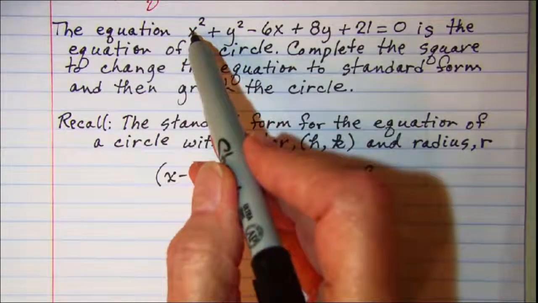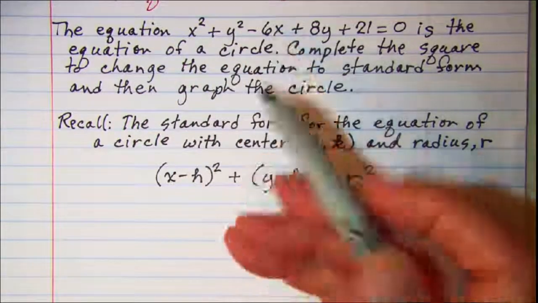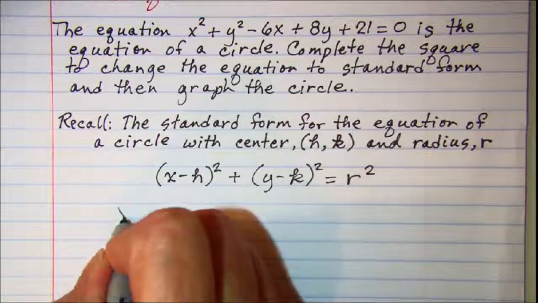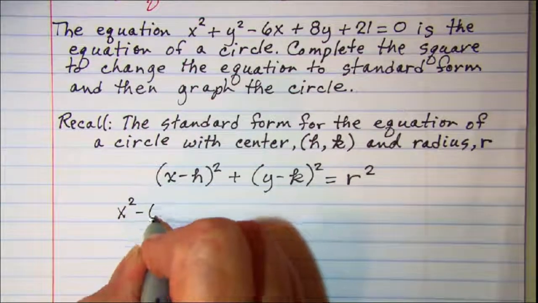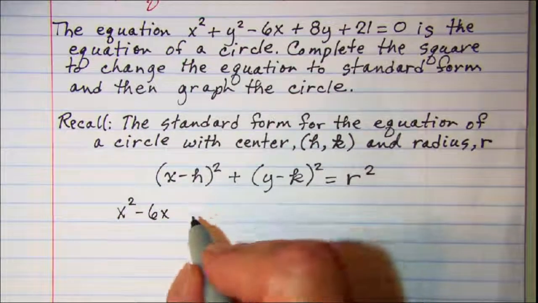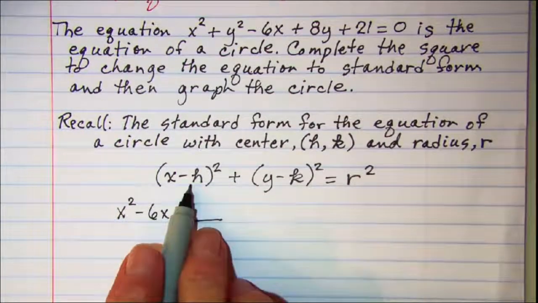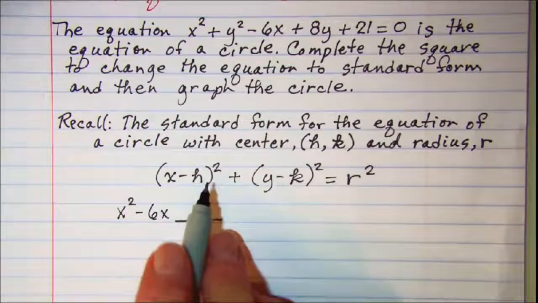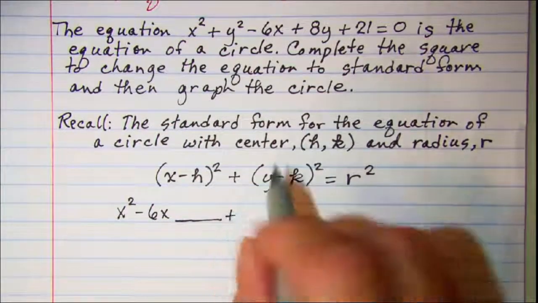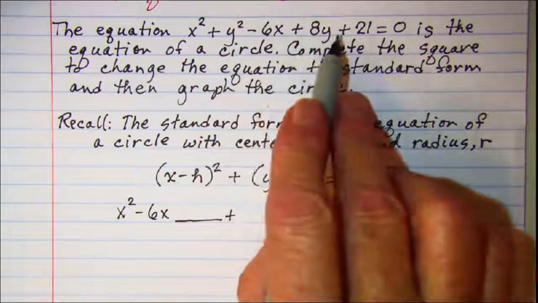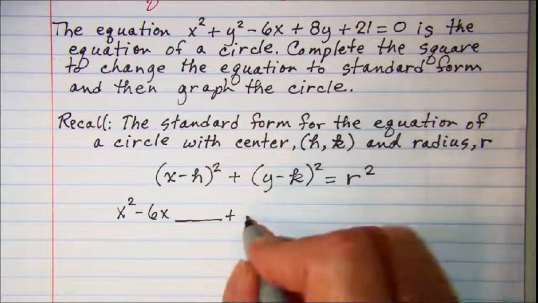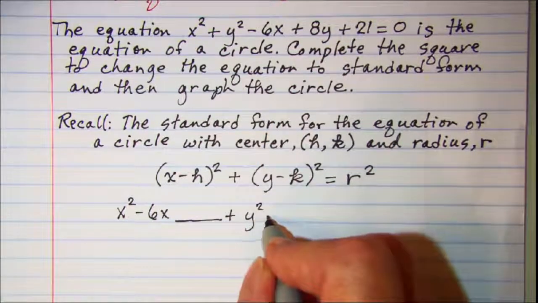So we'll write x squared minus 6x, and then we'll leave a space because we're going to complete the square to get this first quantity squared. And then we have our y squared and our 8y written next.